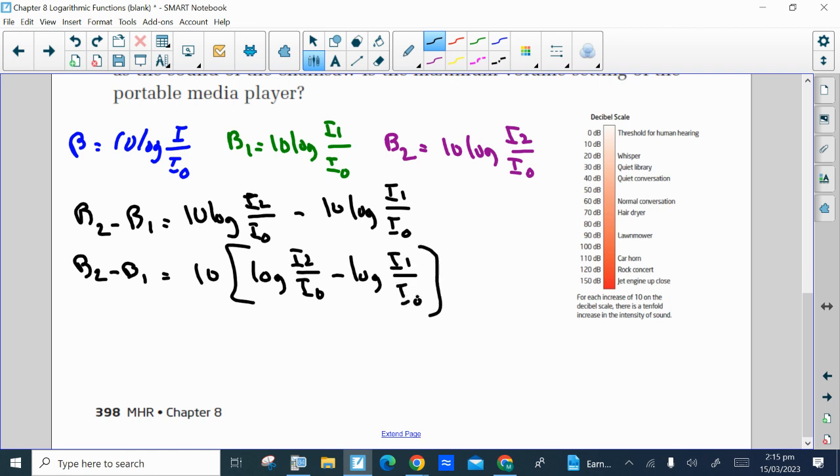And now this is the part inside those big square brackets. This is the part that we will put together using the quotient law. So I'll have beta sub 2 minus beta sub 1 equals 10 times the log of I sub 2 over I sub 0 divided by I sub 1 over I sub 0.